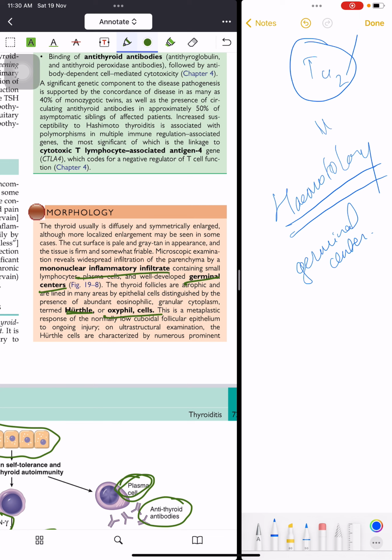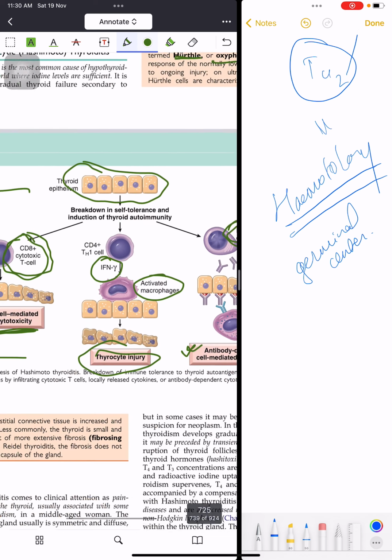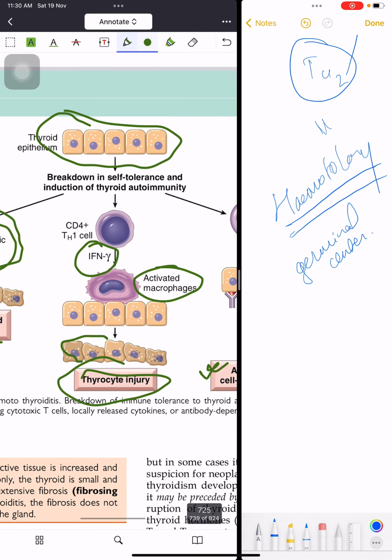And remember how the thyroid looks. Since it's destruction, the thyroid follicular cells are destroyed in this way.